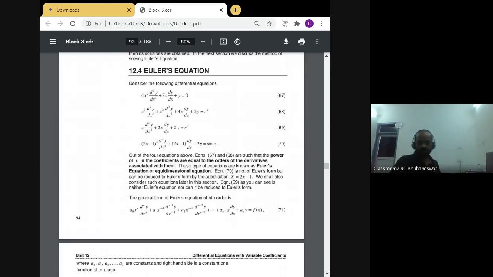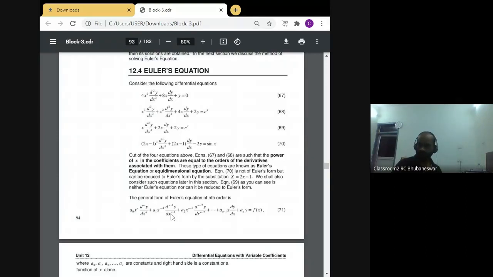So now look at carefully. Here the coefficient of the second order derivative of y is x square, and in the second one also it is x square, and x cube in the third order. That means in Euler's differential equation the coefficient must be in the form of x square or x cube according to the order of the derivative of unknown function y.